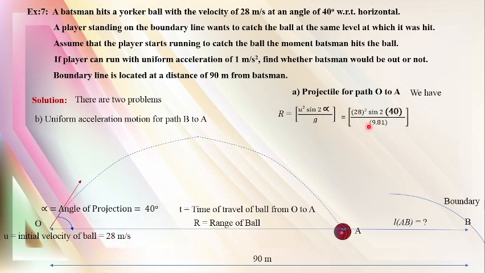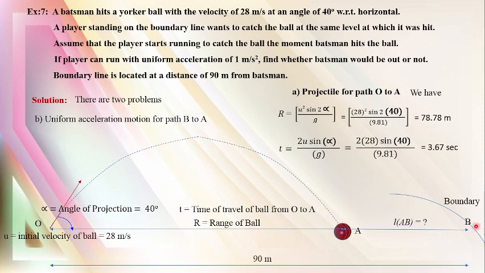So simply we have to substitute and simplify. We got range equal to 78.78 meter, and the time of travel we can find from the standard formula again, 2U sine alpha divided by g. Again substitute the values of initial velocity, angle of projection and gravity. You will be able to get the time of flight within which the ball shall reach point A. So here, to travel a distance of 78.78 meter, it took around 3.67 seconds.